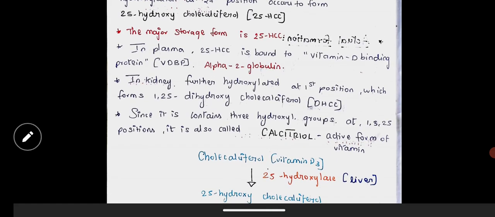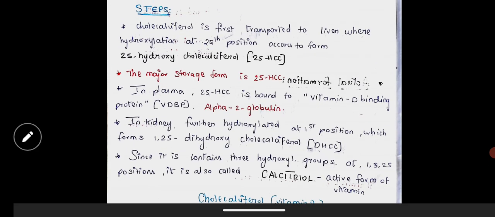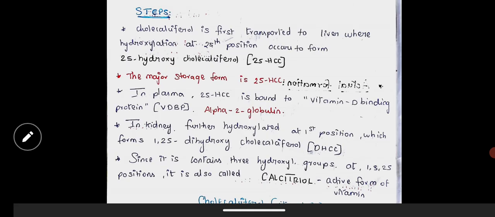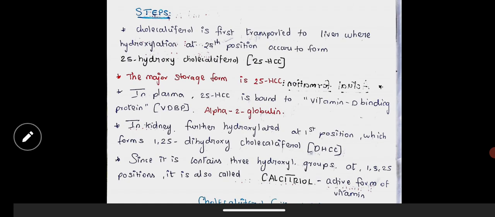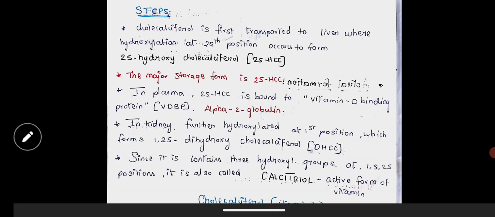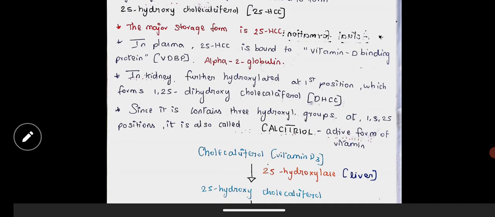From the liver it is transported to the kidney. In the kidney it is further hydroxylated at the first position, which forms 1,25-dihydroxycholecalciferol, nothing but DHCC. The first hydroxylation occurs in the liver and the second in the kidney, and it is transported in plasma with alpha 2 globulin.